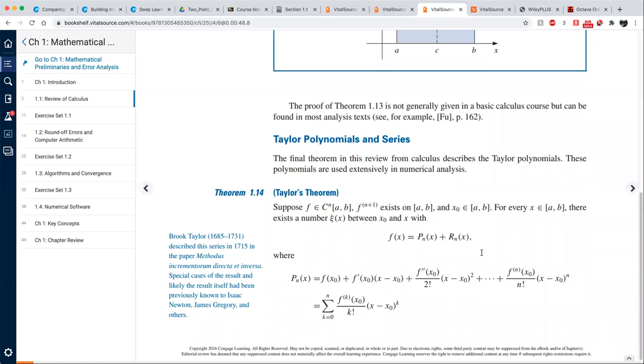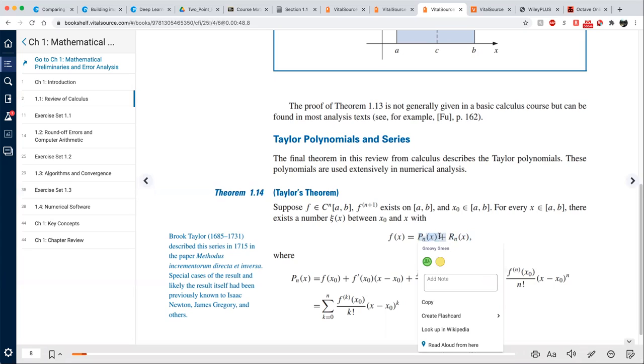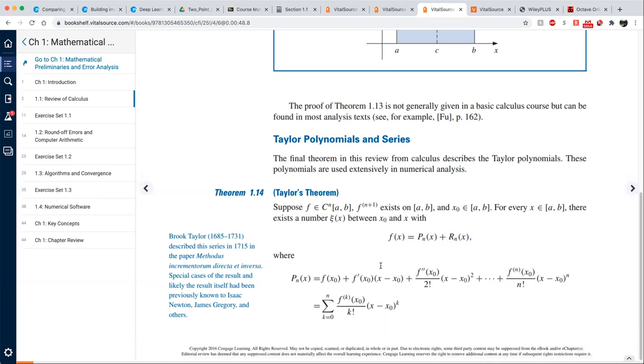So it means that for any type of function, exponential, sine, cosine, a non-polynomial function can be expressed as a polynomial function plus a remainder term. This is the remainder term. That P_n is called the Taylor polynomial, defined by this: f of x naught plus f prime of x naught times x minus x naught, and so on. Keep in mind, you have to memorize this.